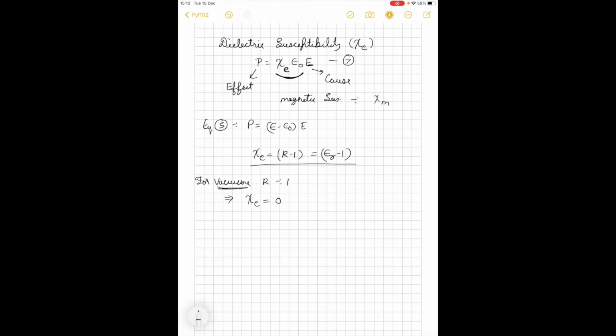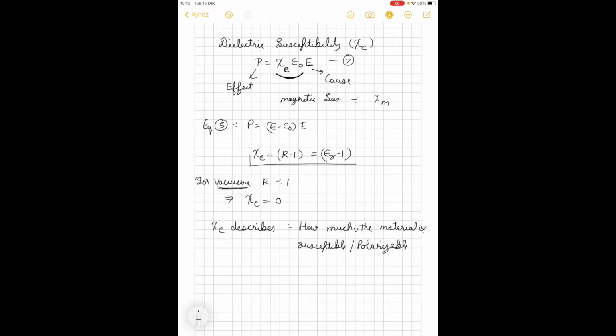Let me write it down: chi E describes how much susceptible or polarizable the material is.